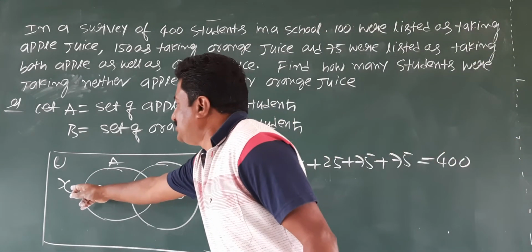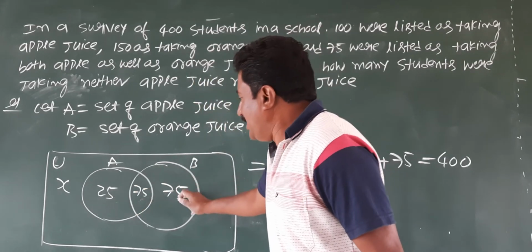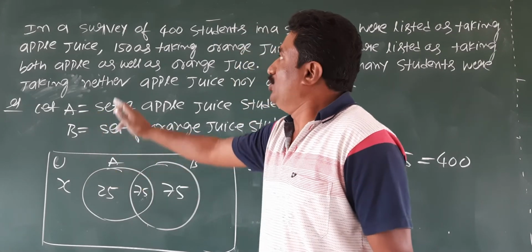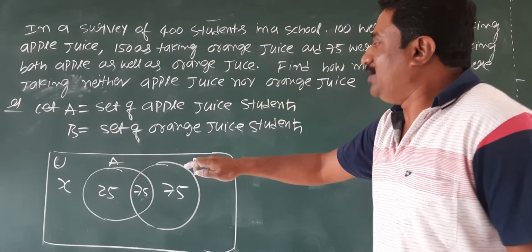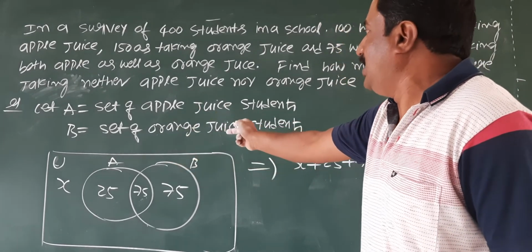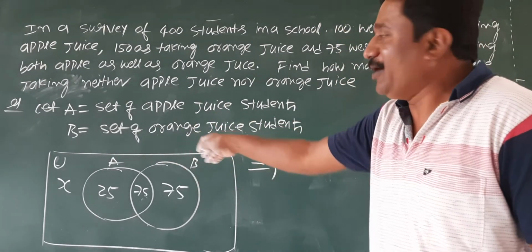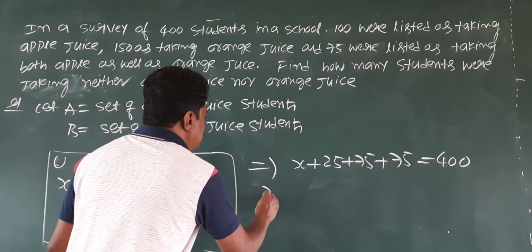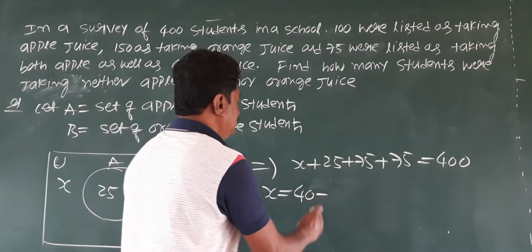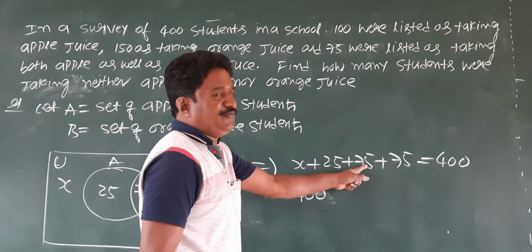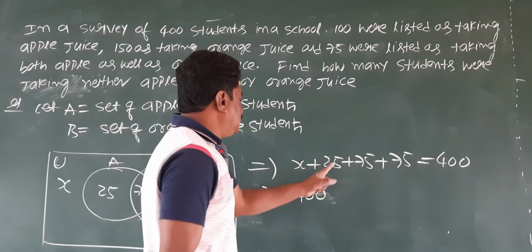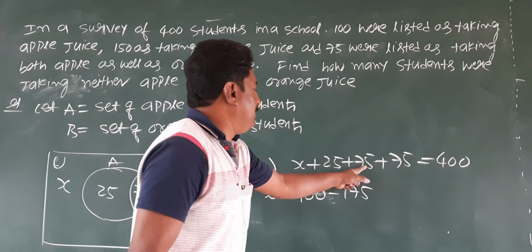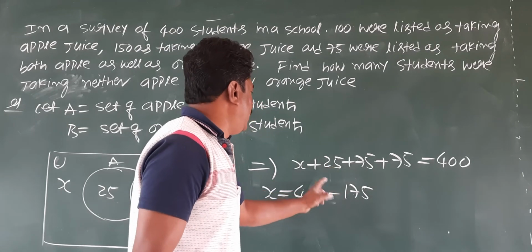X is the part that is not in A, not in B, not in the common part; it is outside, in U. Some people won't prefer to take either apple juice or orange juice. So X is equal to 400 minus (25 plus 75 plus 75). 75 plus 75 is 150, and 150 plus 25 is 175.